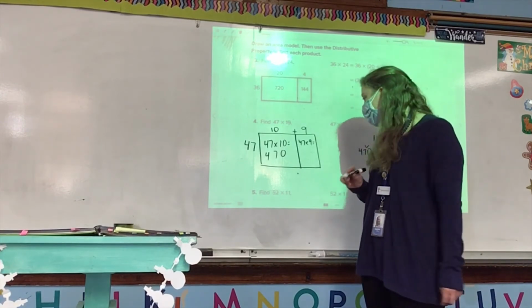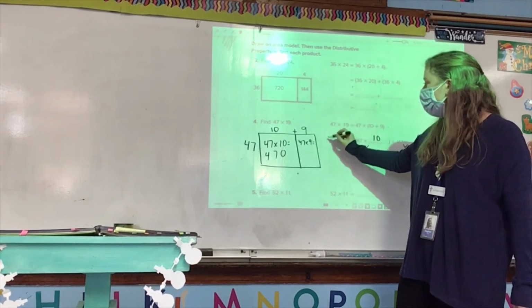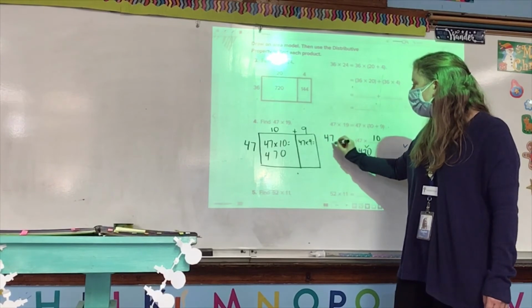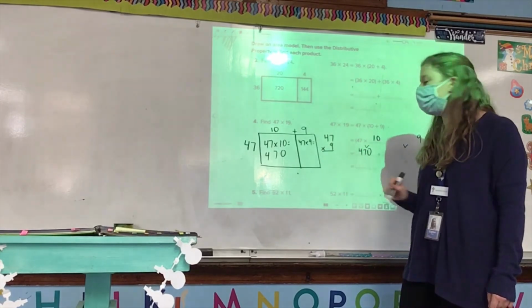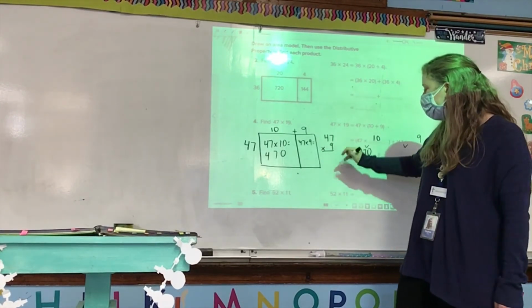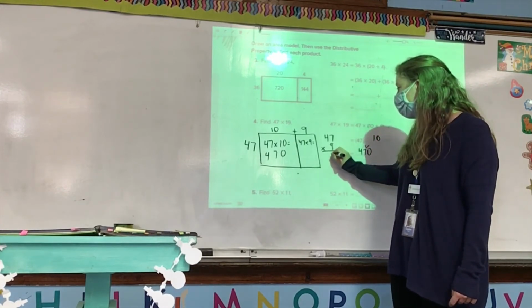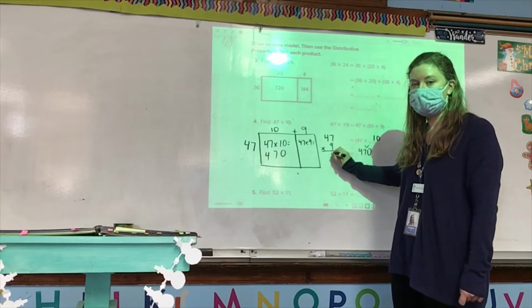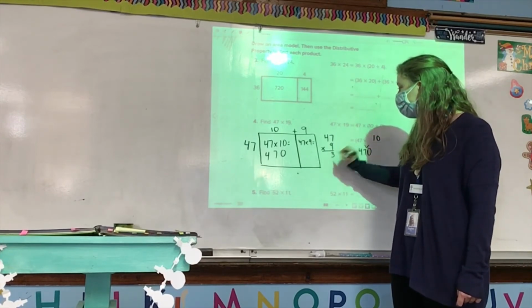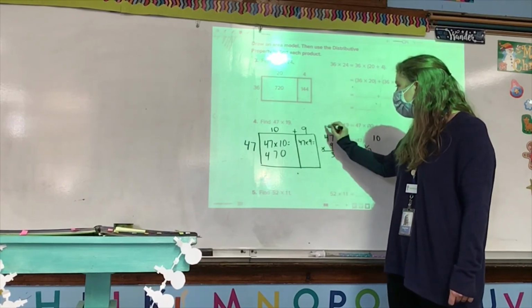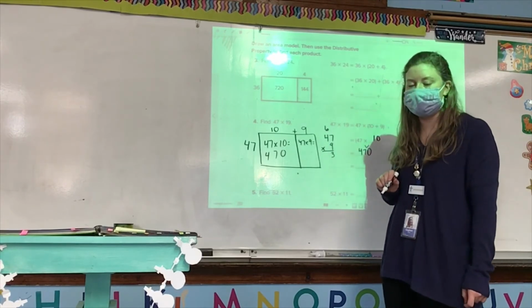No. Definitely not. So, right here, let's solve it up and down. Zari, 7 times 9 is what? 63. So we put a 3 in the ones place, regroup the 6 to the tens place.